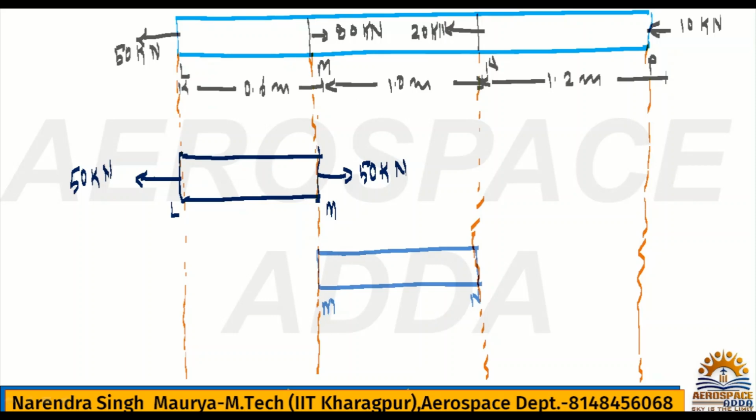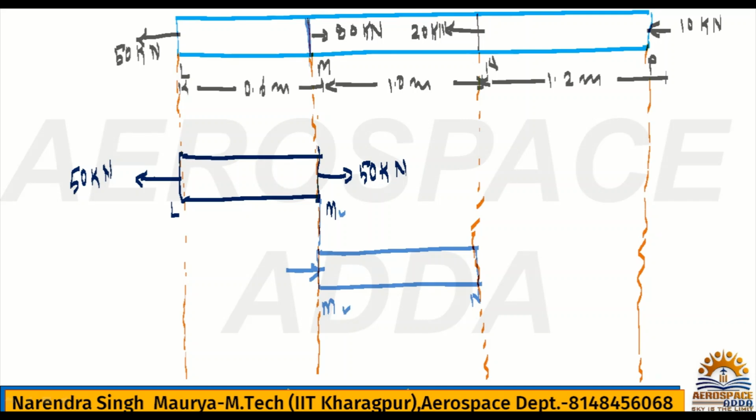At this point M, what is the load acting? 80 kilonewton. In which direction? Towards right. Now if you check this M and this M, both M are same. Here you have shown 50 kilonewton.